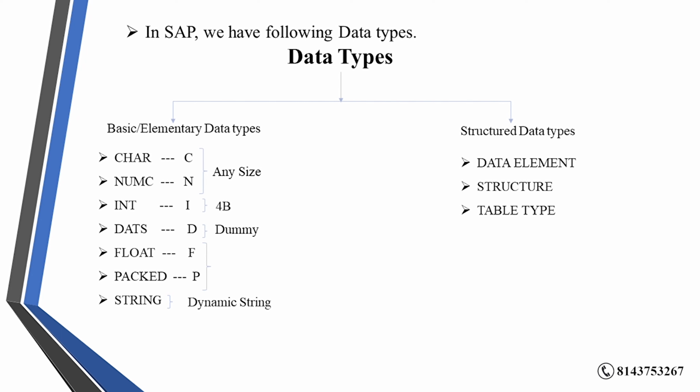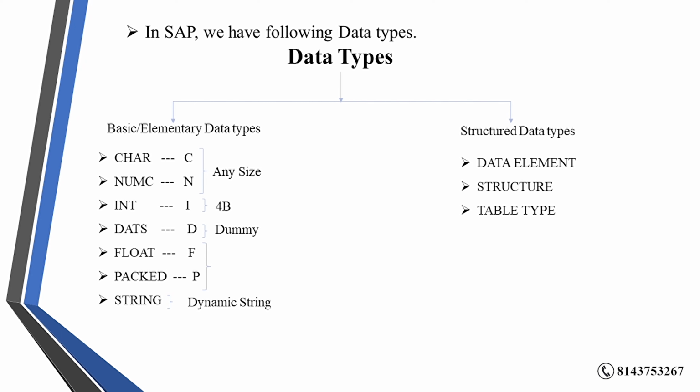For character and numeric, whatever size we mention while declaring the variable will be allocated. But for integer it will allocate 4 bytes of memory. For dates it will allocate a dummy, meaning no memory itself. Float and packed also take whatever size we mention while declaring.